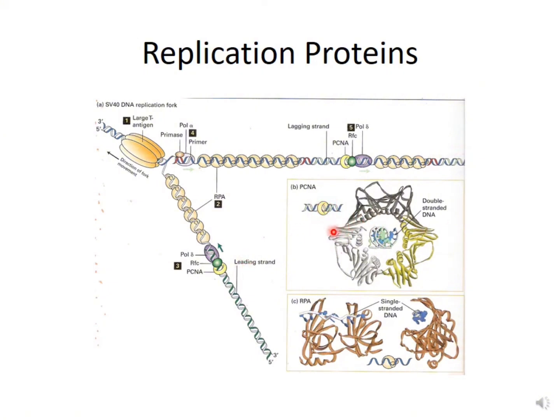We can notice here that there's another protein that we haven't mentioned, which is the RPA. RPA binds to exposed single-stranded DNA in order to prevent it from forming any secondary structure, so that the PCNA-RFC-pol delta complex can move along the single-stranded DNA without having any entanglements due to secondary structures.